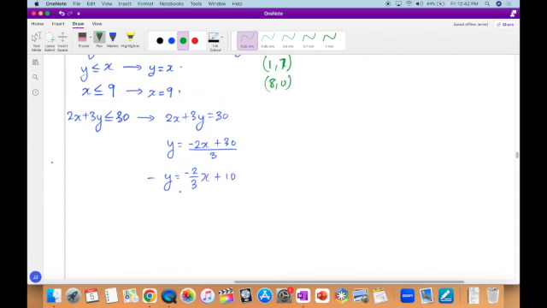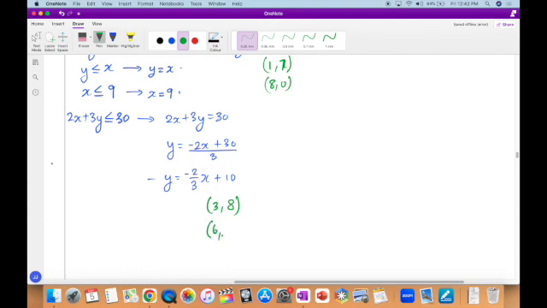And let's work out 2 points for this one. Let's go with it easy. When x is 3, the 3's will cancel. So that means that I'll have negative 2 plus 10, which is 8. And how about when x is 6? 3 into 3 is 1, 3 into 6 is 2, and 2 times 2 is negative 4.